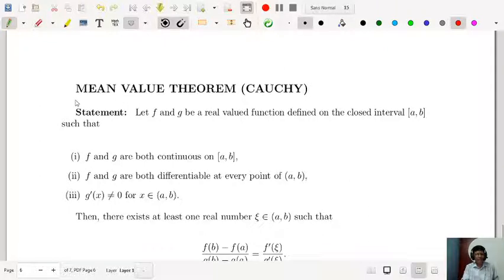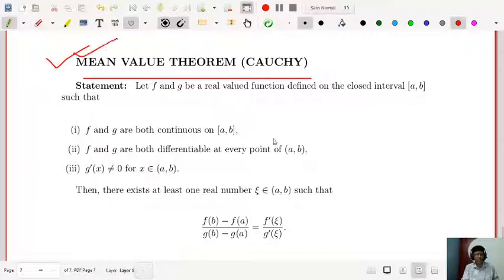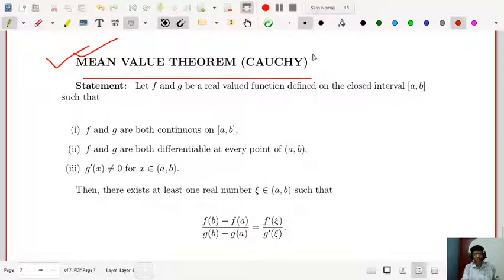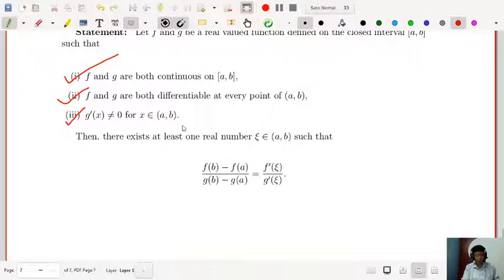Next, I will state Cauchy's mean value theorem. This is the last theorem I will state here. Let f and g be two real valued functions on the closed interval [a,b]. Cauchy was a famous mathematician who, along with Newton and also Leibniz, developed fundamental calculus. So f and g are both continuous in the closed interval [a,b], both differentiable at every point of the open interval (a,b), and g dash x is not equal to 0 for x belonging to (a,b).